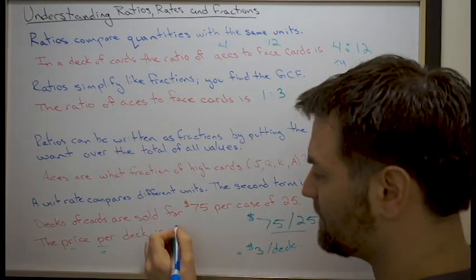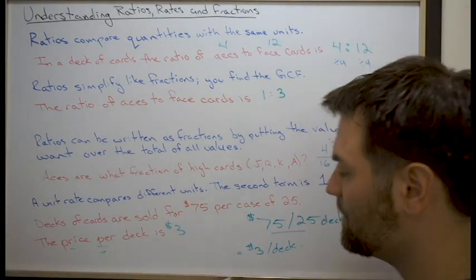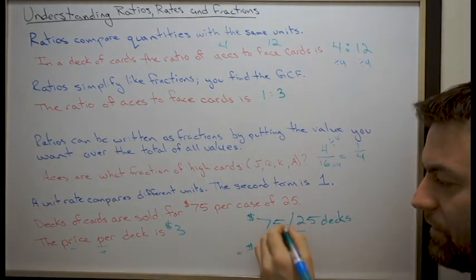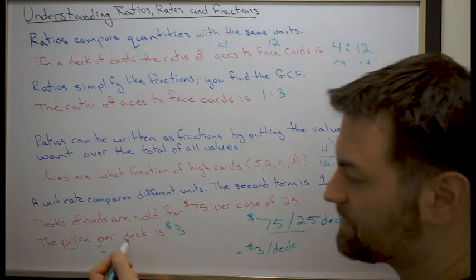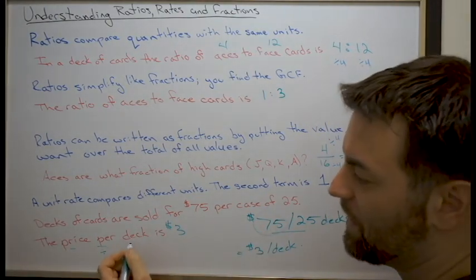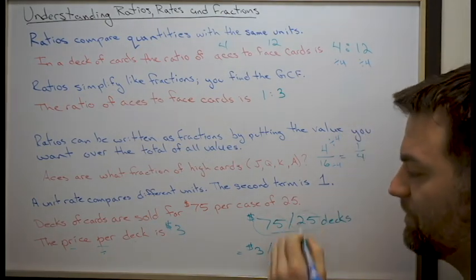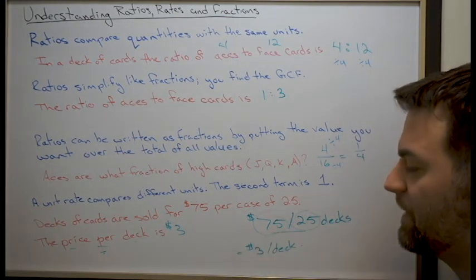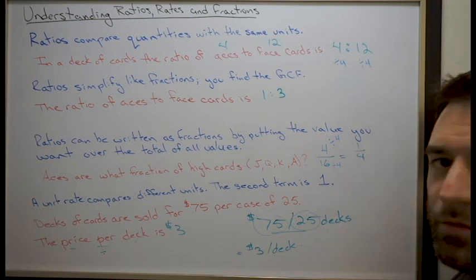So the price per deck is $3. So we're dividing this by this. Whatever comes first goes on the top of your division, and whatever comes second goes on the bottom of your division. So 75 divided by 25, which got us our $3 per deck.